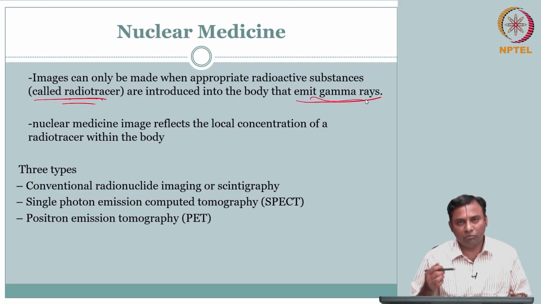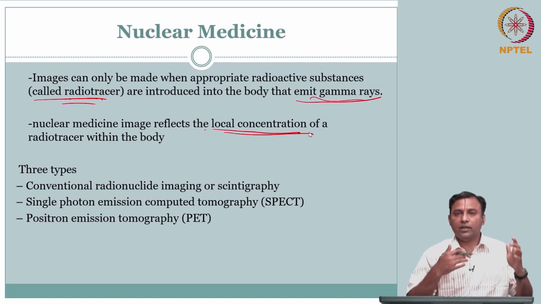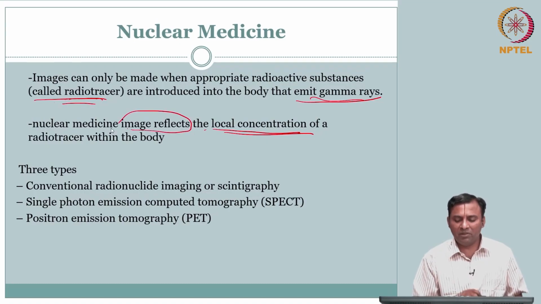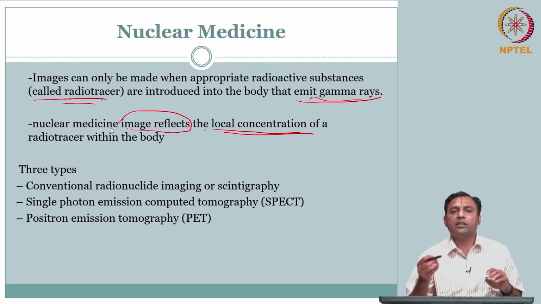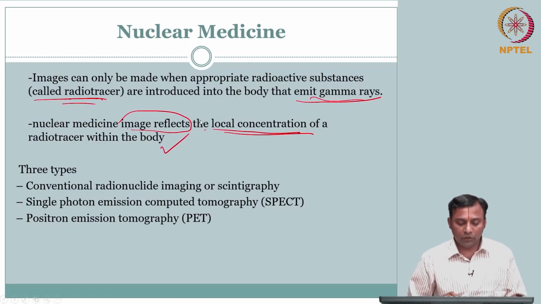So you emit some photons, again electromagnetic radiation with a higher energy, and essentially you can start to tell local concentrations within the body, okay. So nuclear medicine image reflects the local concentration of the radio tracer. In some location the uptake of the radio tracer might be high or washout might be there. So that is what you are doing.